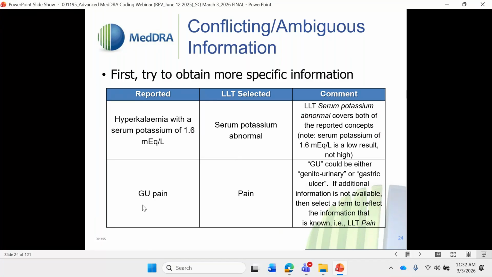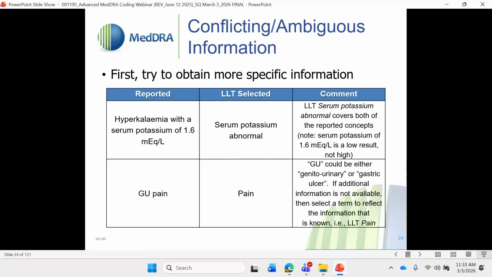Here's another example, GU pain, of conflicting or ambiguous information. What does GU mean? Well, if I'm a specialist, a nephrologist or a urologist, I would say, of course, it's common sense. That means genitourinary. If I'm a gastroenterologist, I'll say, of course not, that typically probably means a gastric ulcer. So we can't assume, right?